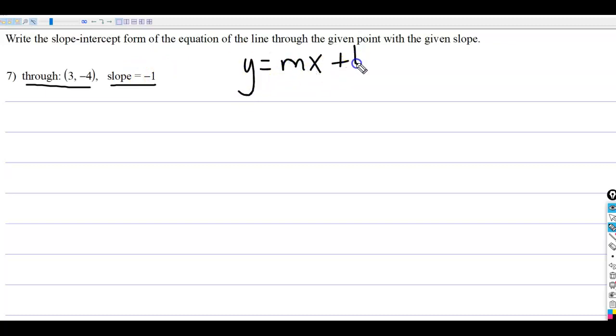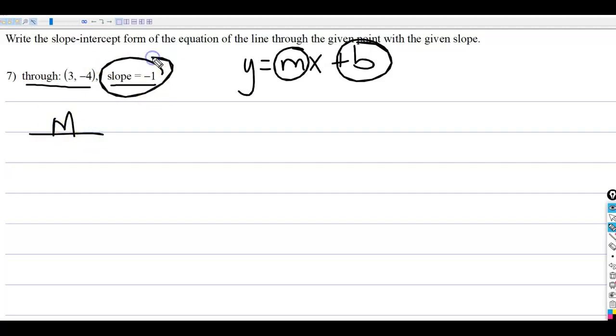And to have a complete equation, we need to know what m is, and we need to know what b is. All right. So the first thing that we need to do is make sure you guys know what m is. M is the slope, so they tell us that. That's kind of convenient. M is negative 1. The next thing we need to do is find b. Now b we don't know, so we're going to have to solve for b.